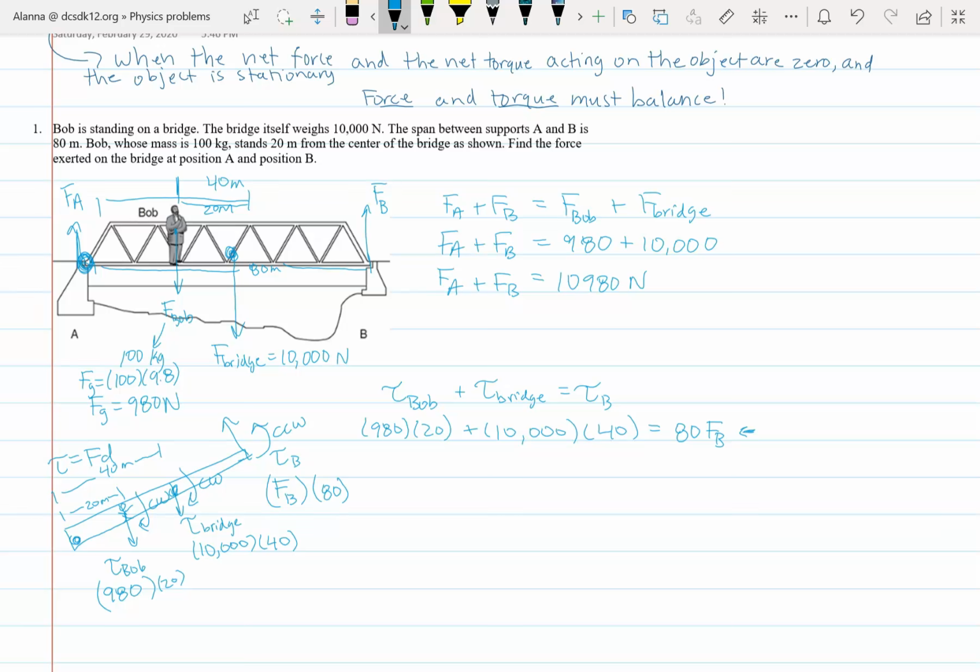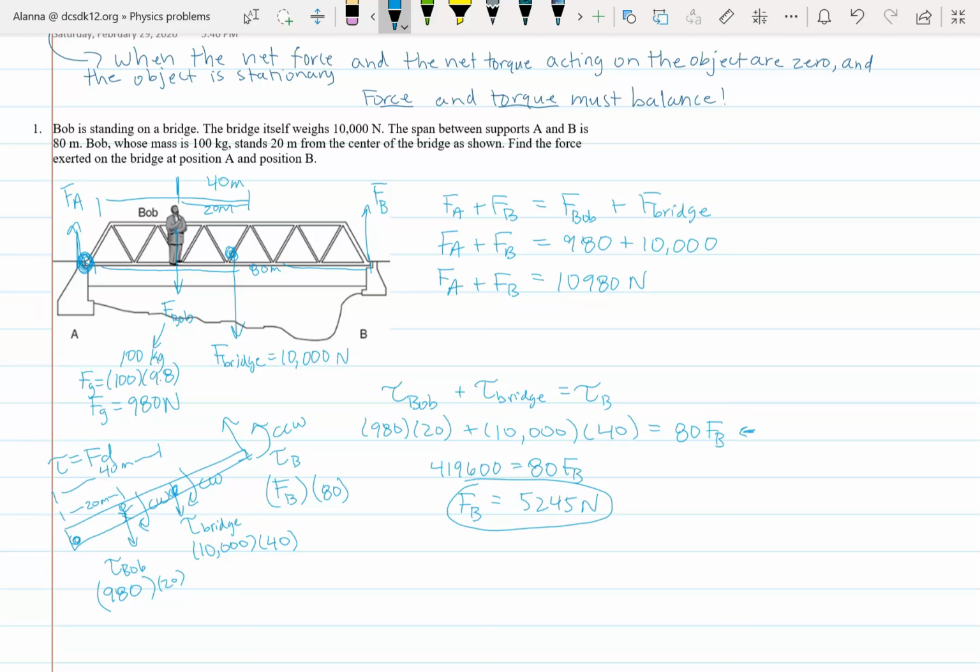So let's just go ahead and do a little bit of arithmetic and algebra here. So when you add all of that up together, you get that. And then you can solve that for FB and get 5,245 newtons.